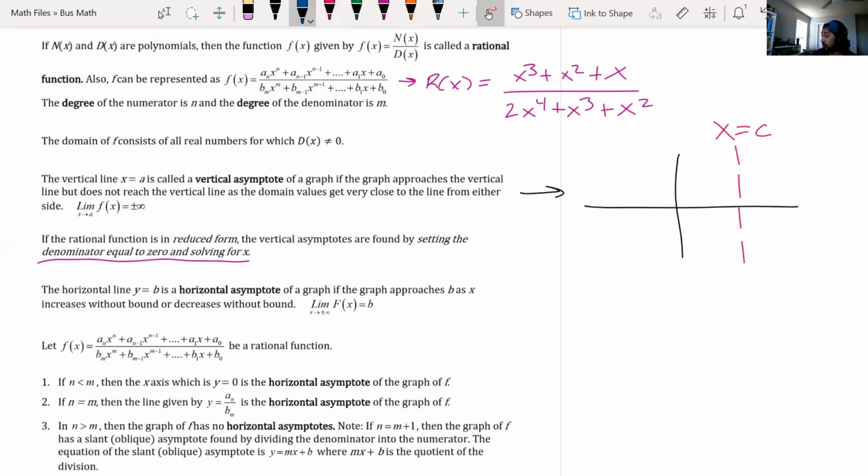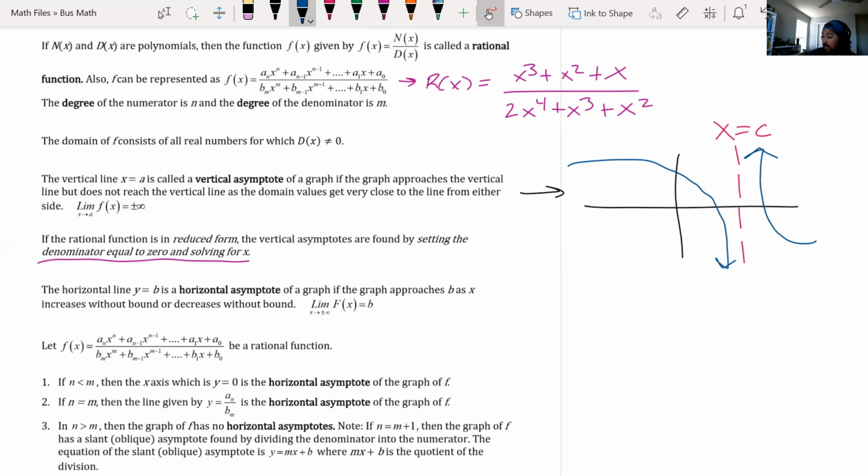And with a rational function, when you graph it, you can never, ever cross a vertical asymptote. So at this vertical asymptote, one tail of my function could go to negative infinity, and another tail could go to positive infinity. But a vertical asymptote can never, ever be crossed or intersected. Okay, and again, to find a vertical asymptote, take your denominator, set it equal to 0, and solve for x.